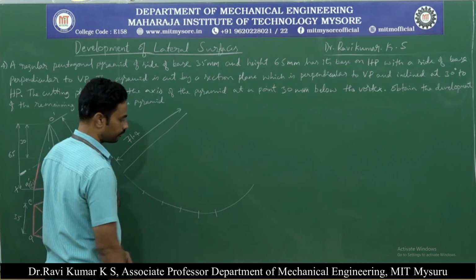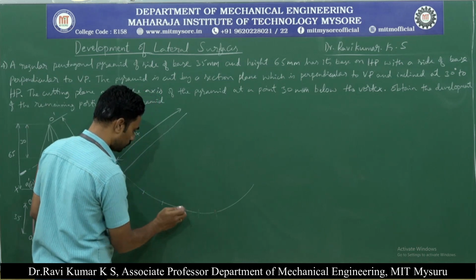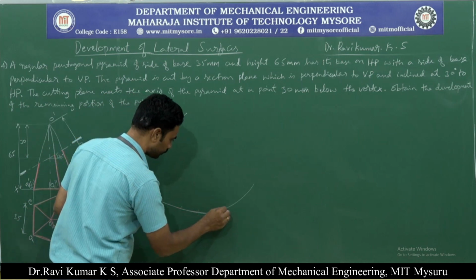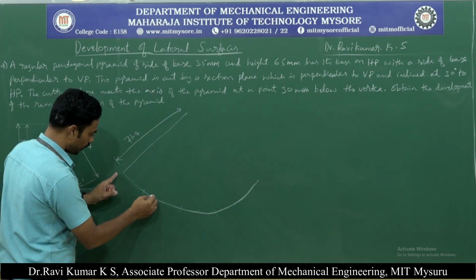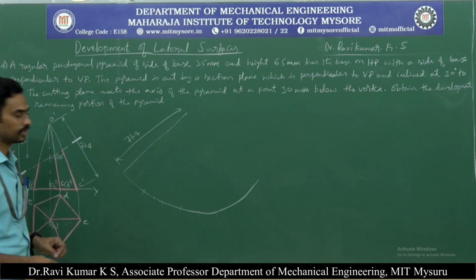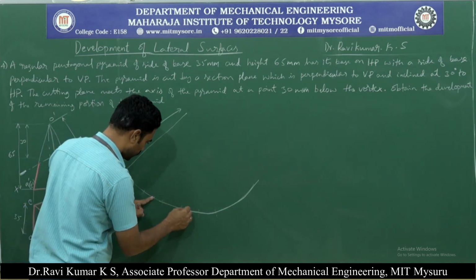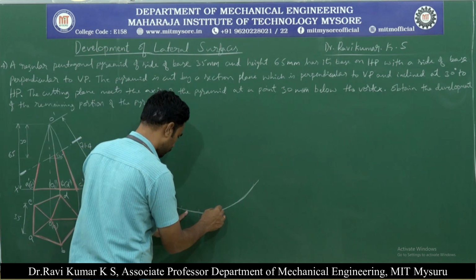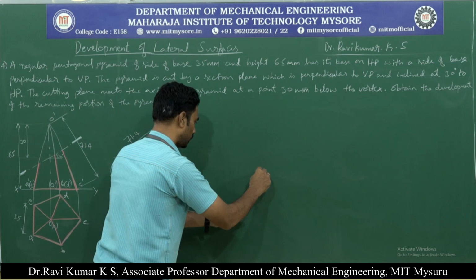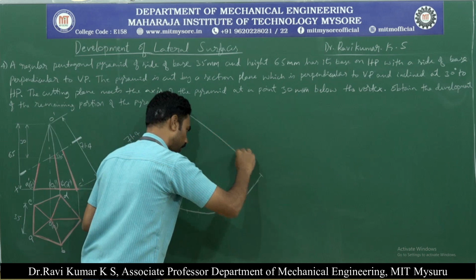I will just increase the dimension, sorry. From this point, take 35, cut here, again 35, cut, 35, cut, 35, cut: 1, 2, 3, 4, again 35. You will get the end. Just join that particular end.